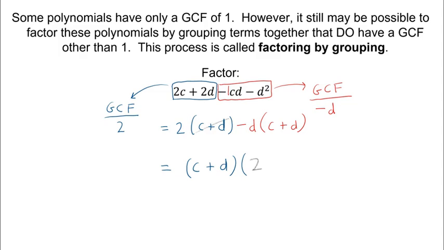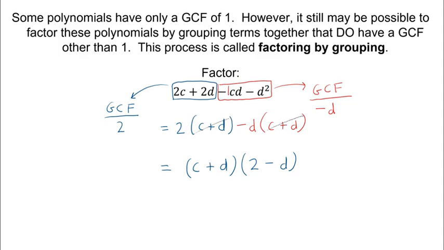Just the 2. And then if we divide the minus d times c plus d, what's remaining? The minus d. So the final factorization when we factor by grouping is c plus d times 2 minus d.